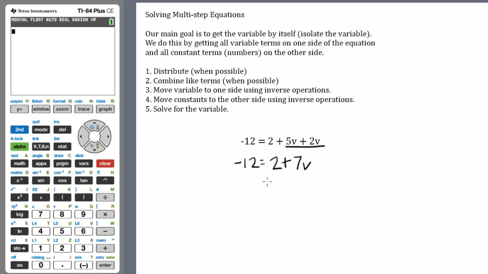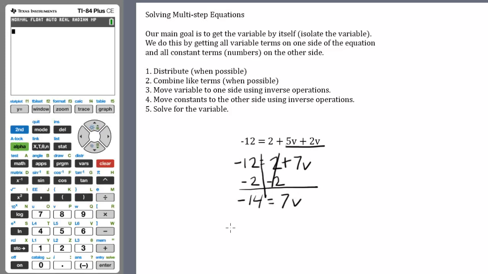The inverse of plus 2 is minus 2. So we subtract 2 from both sides. You kind of imagine there's like a line down the middle there. Well, negative 12 minus 2 is negative 14. The positive 2 and the negative 2 cancel out, so you get negative 14 equals 7v.